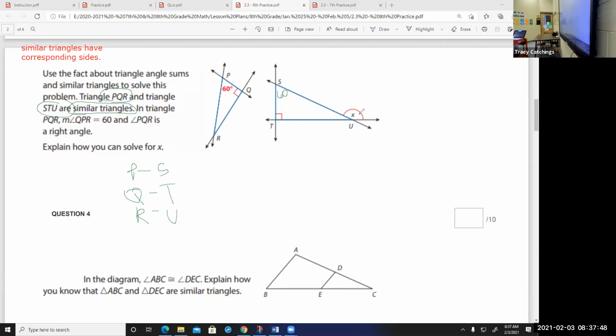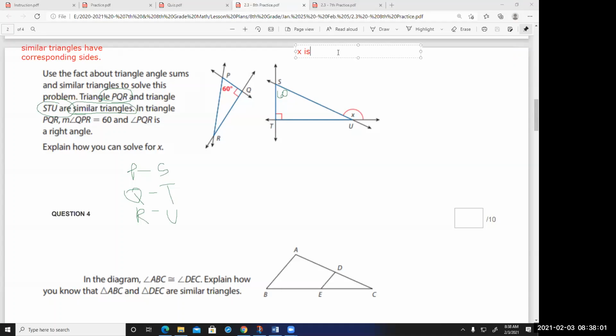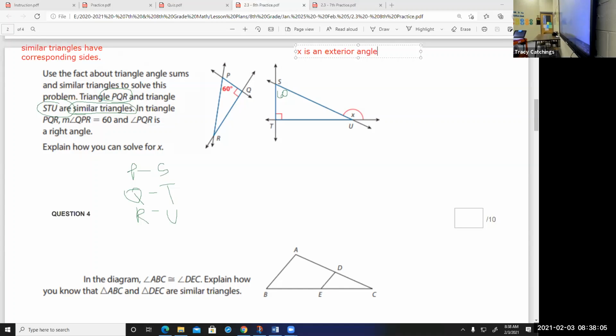So now they want us to figure out how we can find X. What do we know about X? What kind of angle is X? Exterior angle. Good job. How can we find the measure of an exterior angle?